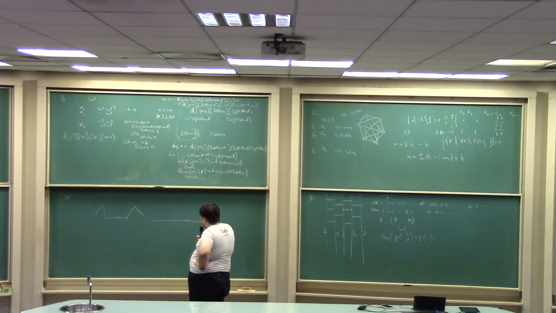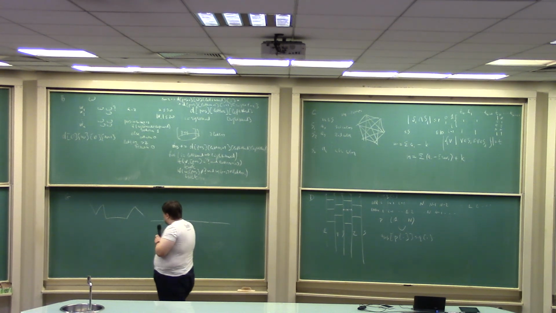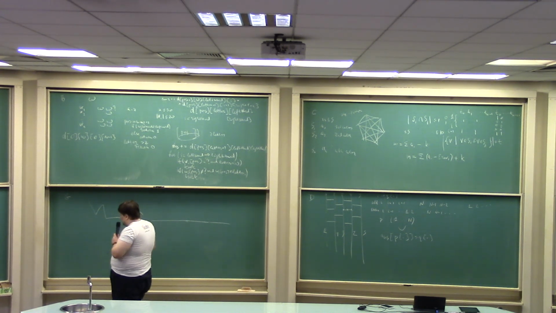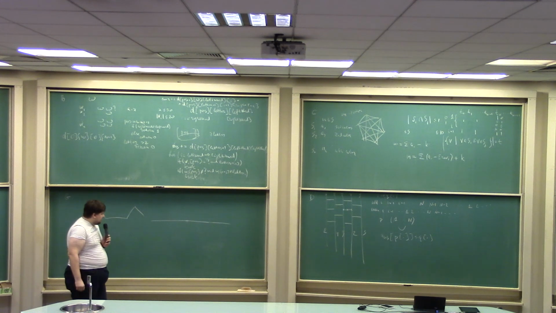So, first thing to note is that we basically need to understand whether we can push each segment of a line through this polyline. Each segment of this polyline through this line.